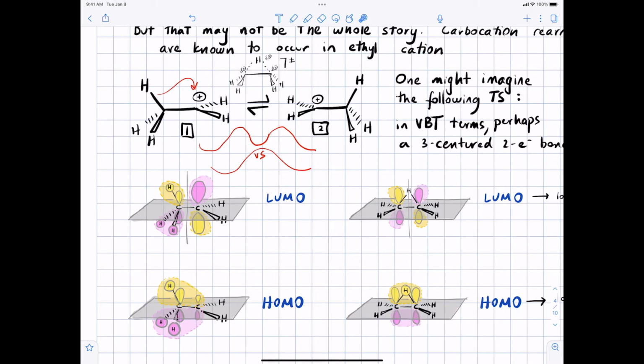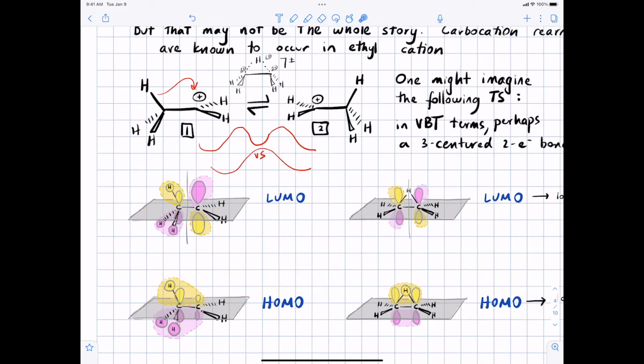Now, if you shift the geometry just a little bit, imagine just taking this hydrogen and moving it over. If you move this hydrogen over here from the LUMO, it's going to occupy the node, right? So there won't be any orbital on it, and actually, the LUMO for this geometry is essentially the same as for a pi star.